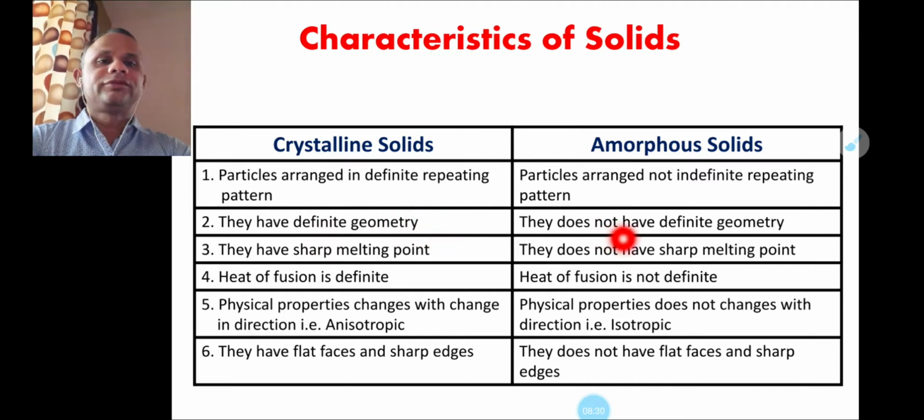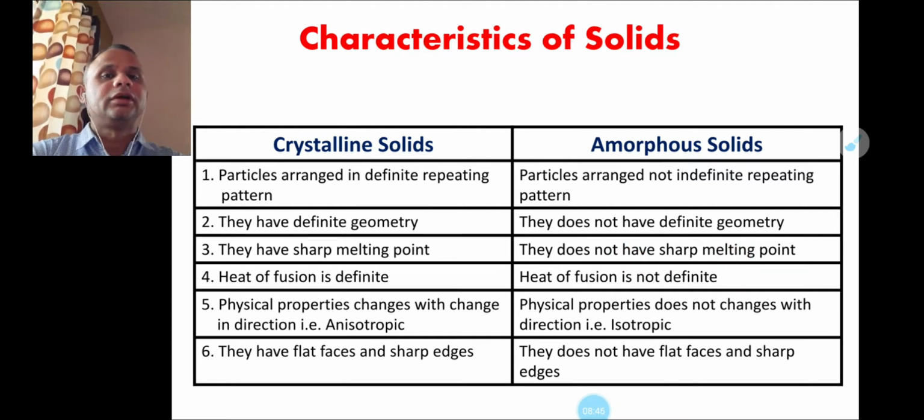But amorphous solids do not have definite geometry. The third property: crystalline solids have a sharp melting point. Amorphous solids do not have a sharp melting point; we get a range of temperature, a melting temperature, or you can say decomposition temperature.